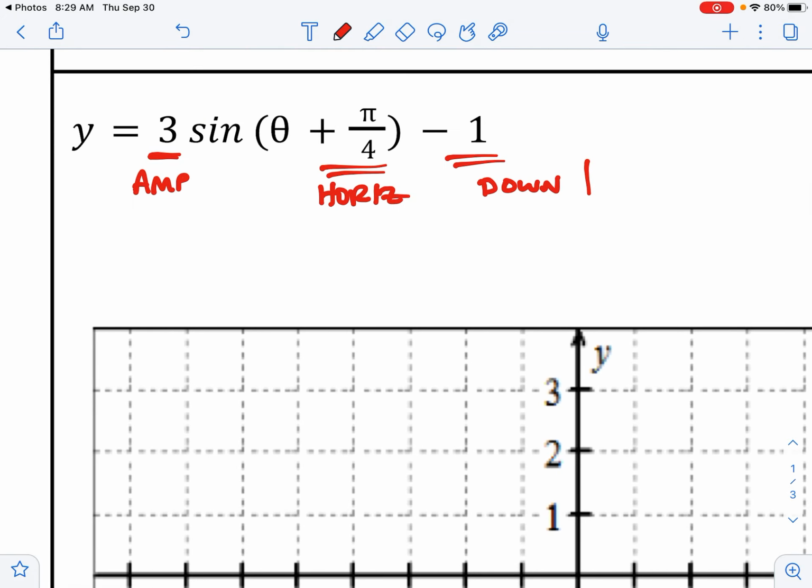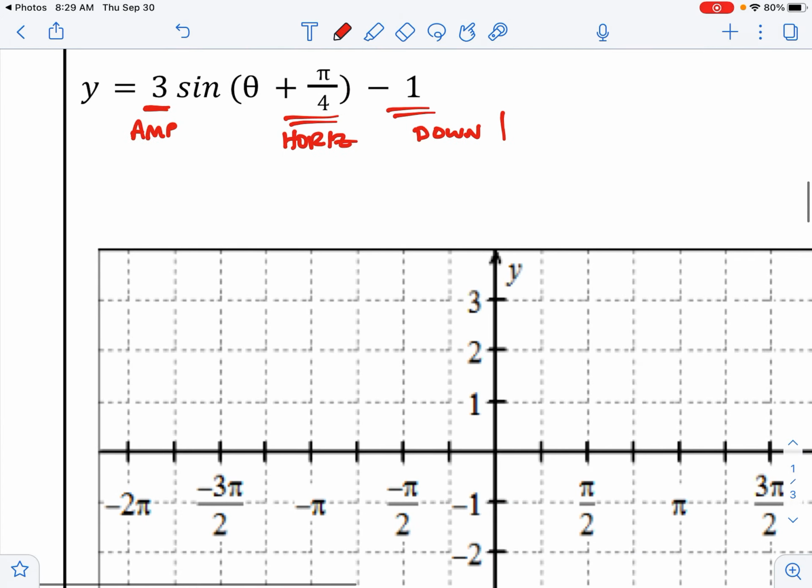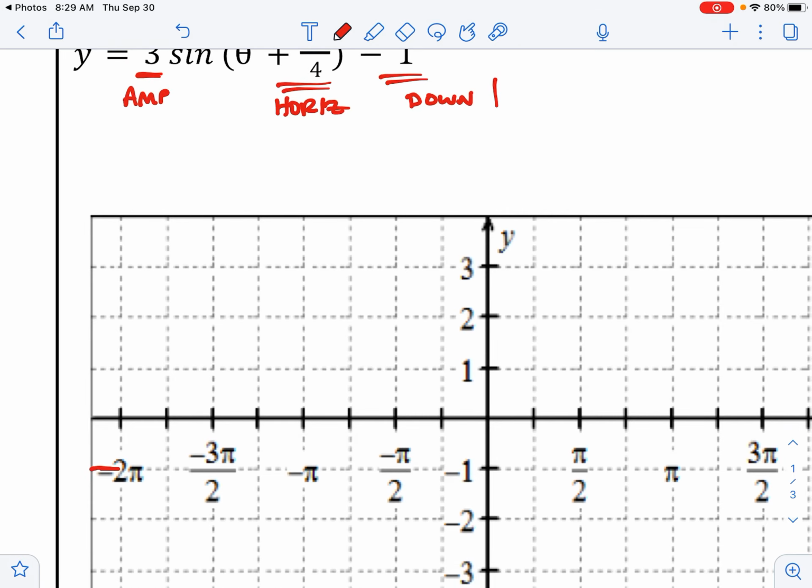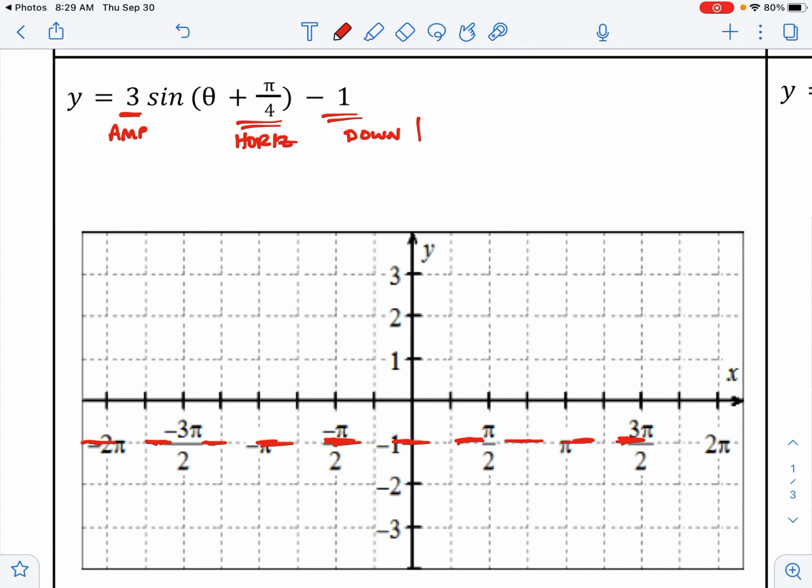Like always, I'm going to start with that midline, that downshift of 1. I'm going to graph that first. That's my new x-axis. Then I'm going to graph the horizontal shift second, and that'll be my new y-axis.